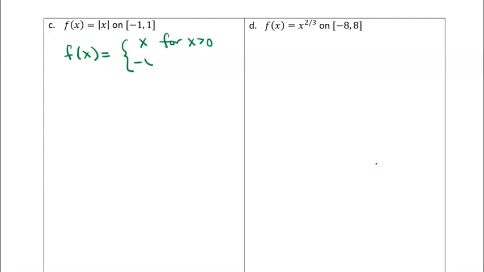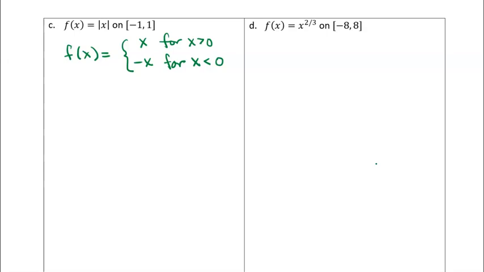And it's equal to negative x for x less than 0.